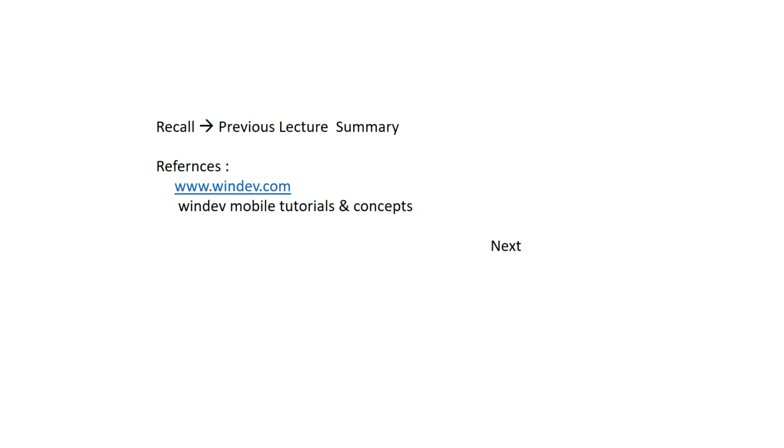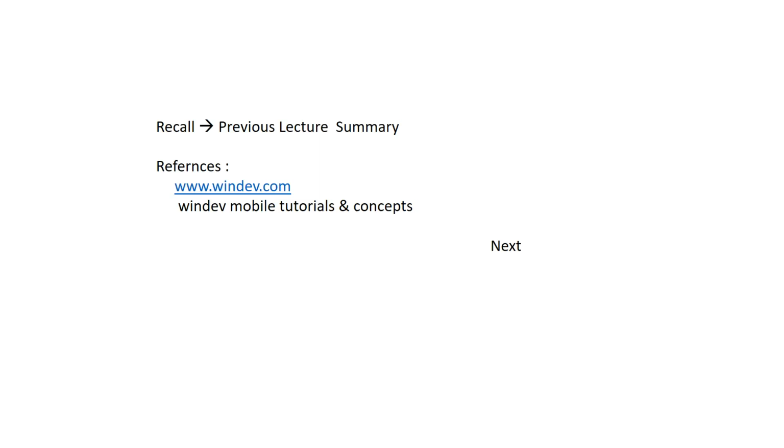Now what we have seen in our previous lecture, we are recalling it. First of all, we have seen types of mobile application in Windev Mobile. Then we have gone through the generation modes, different types of projects we can develop by using Windows application, Android application, iOS application, universal Windows, libraries and patches.